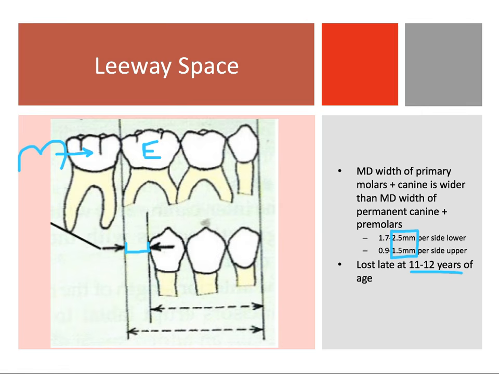The leeway space is also sometimes called the E space because the creation of this space depends mostly on the exfoliation of the E's, or the primary second molars. So you can remember L, which stands for late, or leeway space, or E space, has to do with exfoliation of the E's.